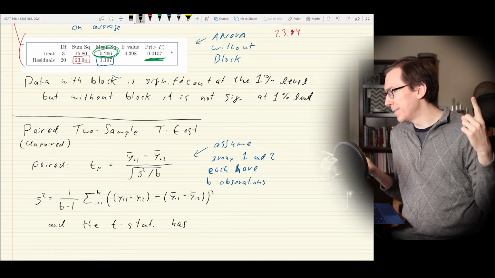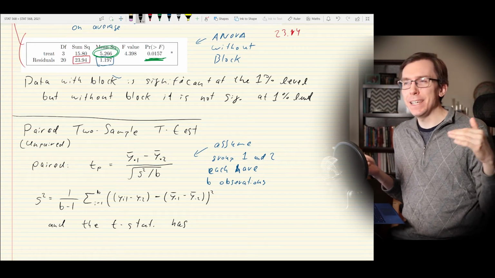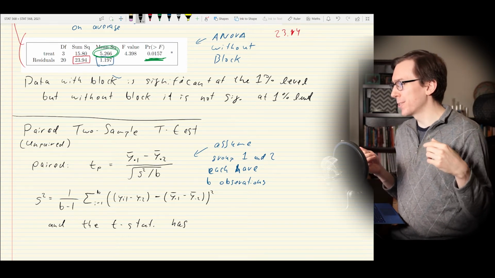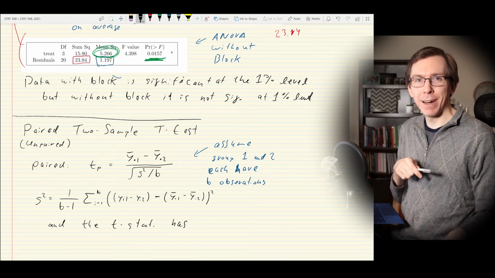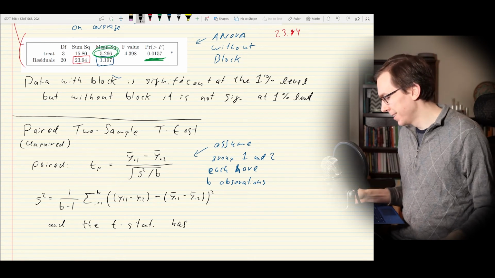For my blocks, I have B blocks, or B subjects, which would mean B minus 1 degrees of freedom. So the residuals would have B minus 1 times 1, just B minus 1, degrees of freedom.